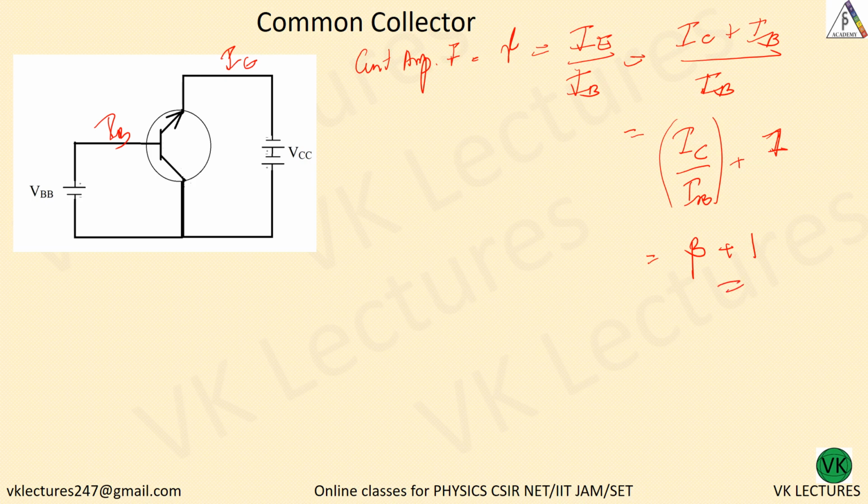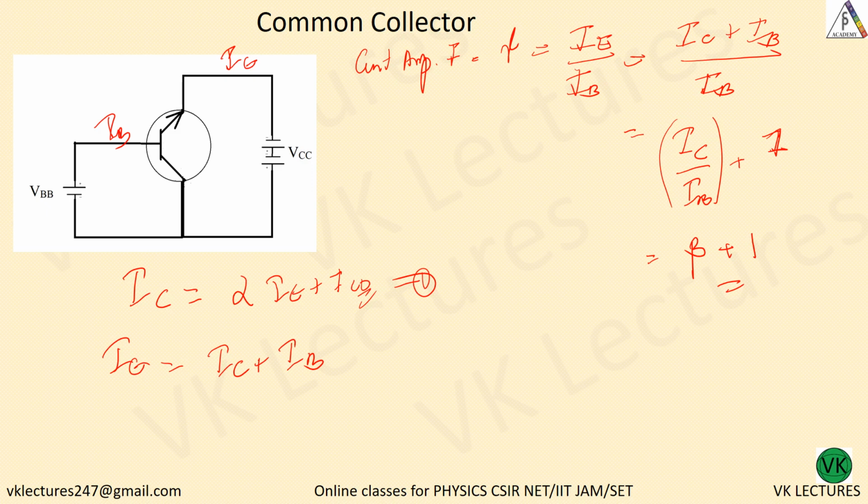Okay. So please wait. We will do with respect to IC also. So IC is equal to alpha IE plus IC naught. This value we will neglect. So this is one equation. This is another equation. IE is equal to IC plus IB.